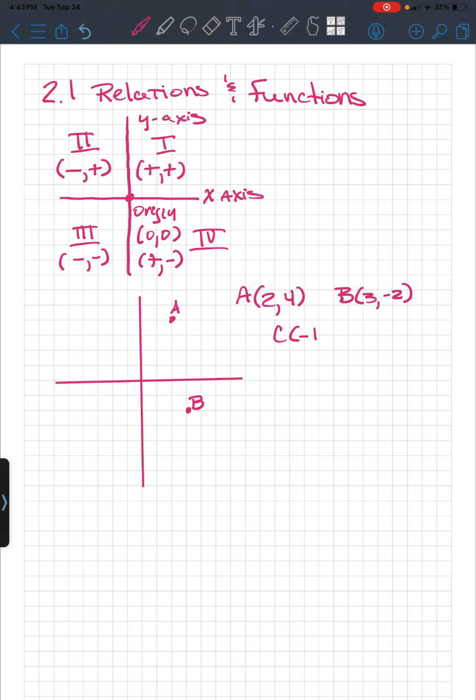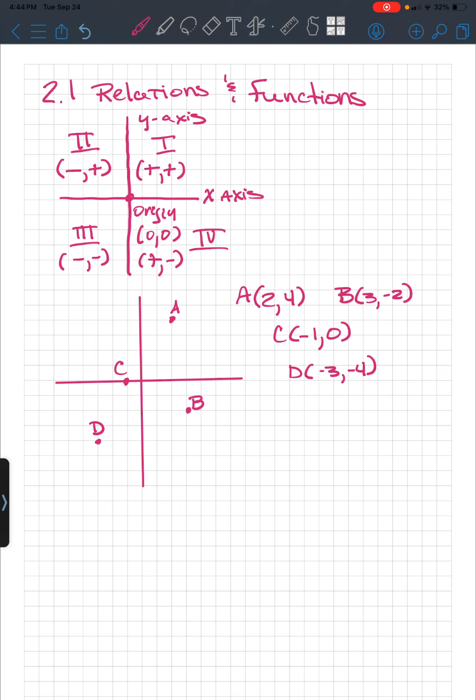C is negative 1, 0. So I'm going to go left 1 where my x is negative, and I'm not going to move anywhere for my y. And then D is negative 3, negative 4. So go left 3 and down 4 for D.